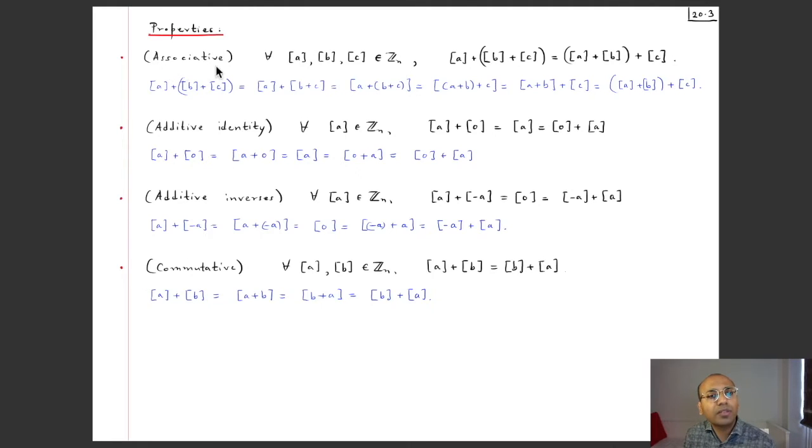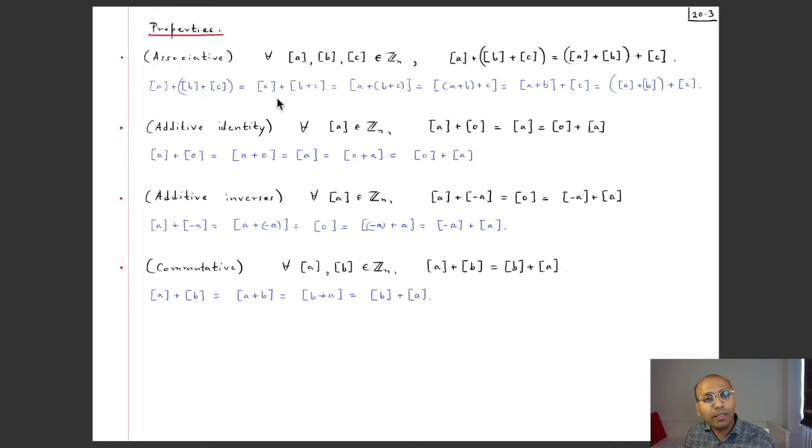So let's begin with associativity. If you have any three elements in Zn, then the sum of the first with the sum of the second and the third is the same as the sum of the first two added to the third one. So let's start with the left hand side, and then we have to add these two things. But by the definition of addition mod n, this is the equivalence class containing B plus C.